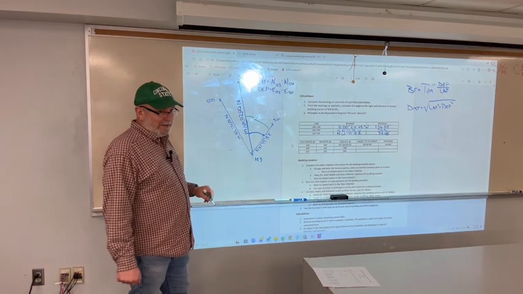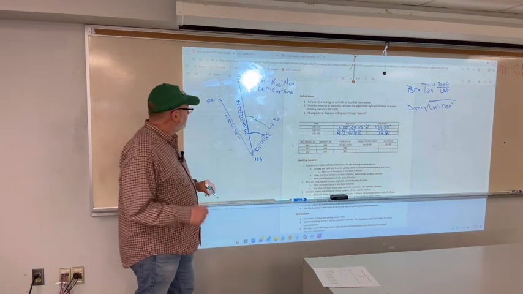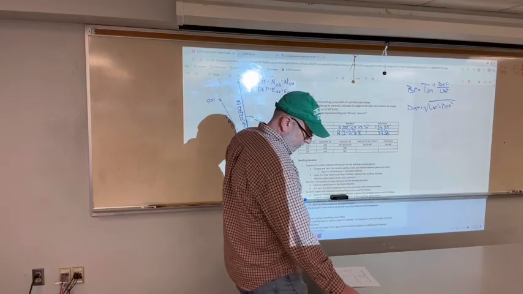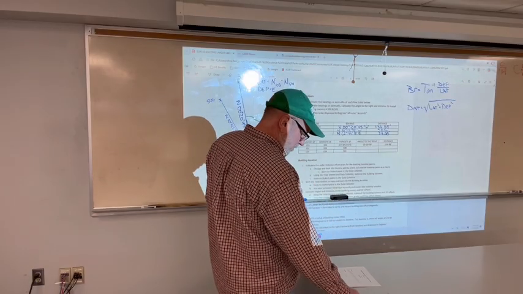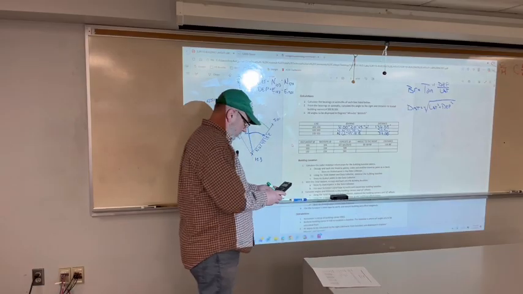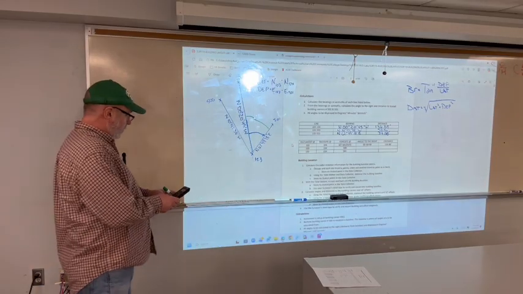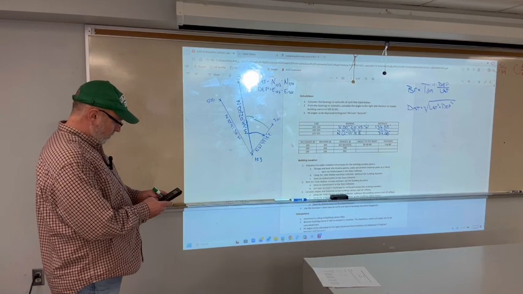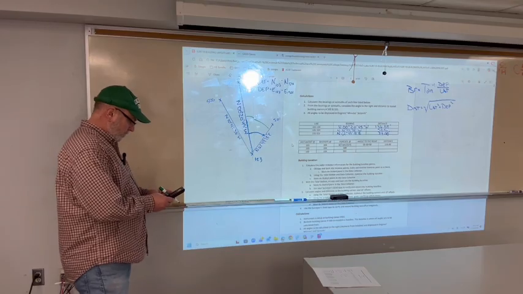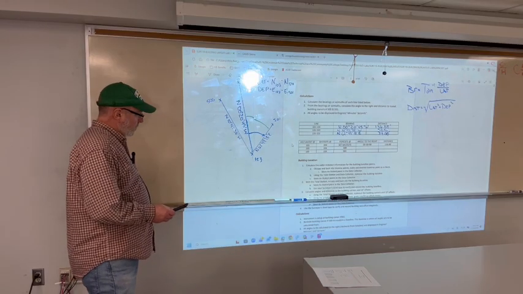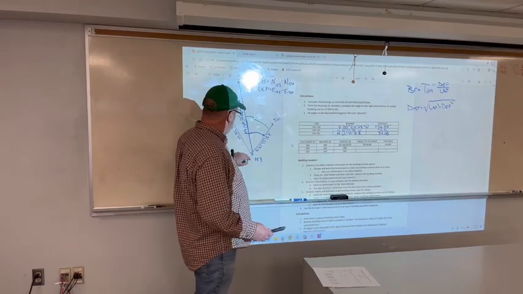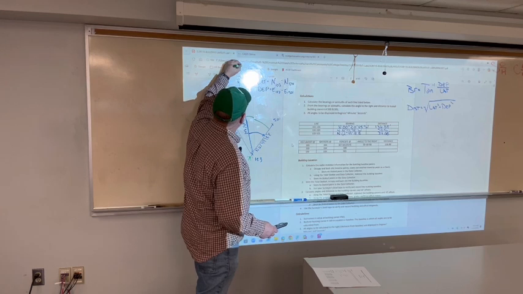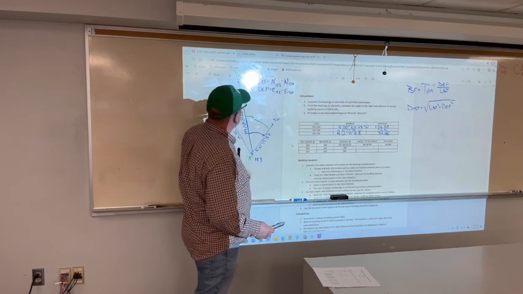So we just add them up, right? So if you have your instrument set up here, we take a back sight, and with that we set the 0 angle.